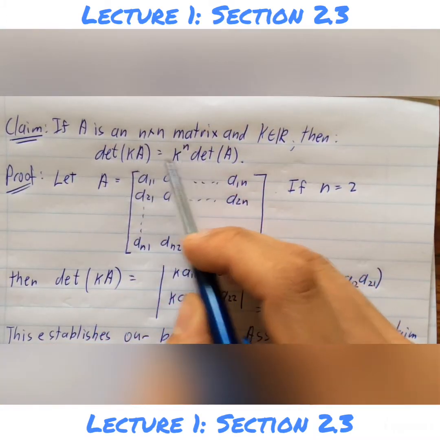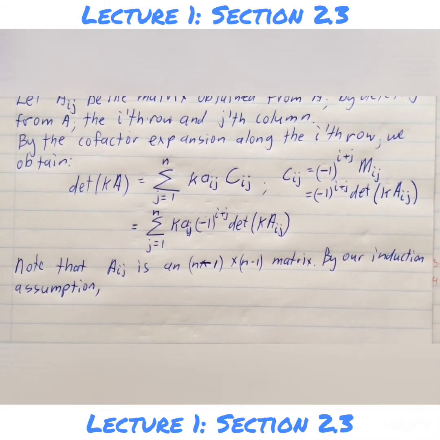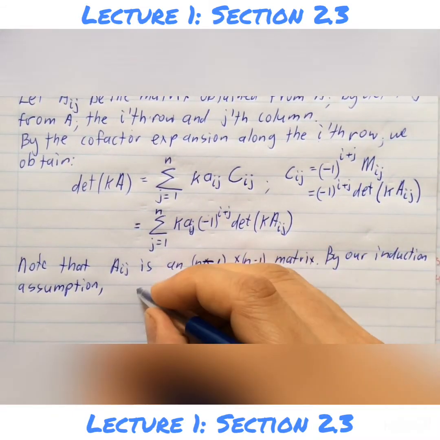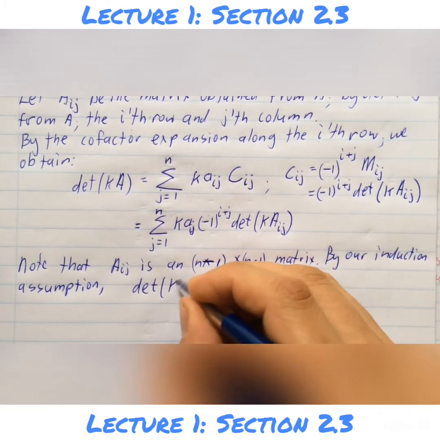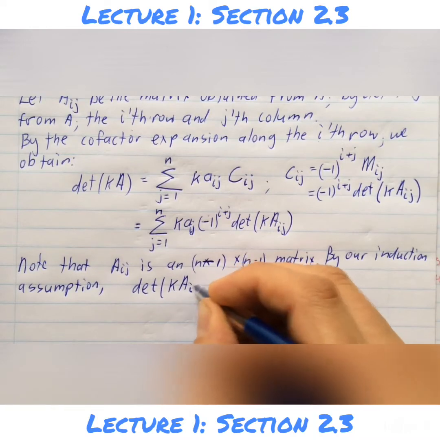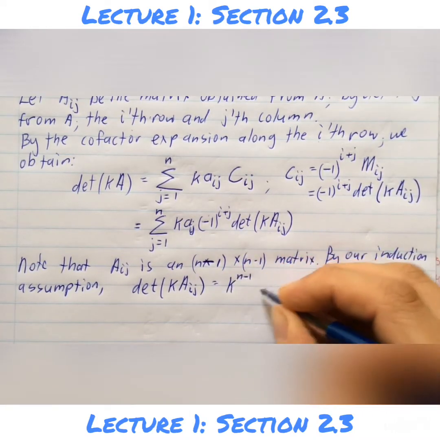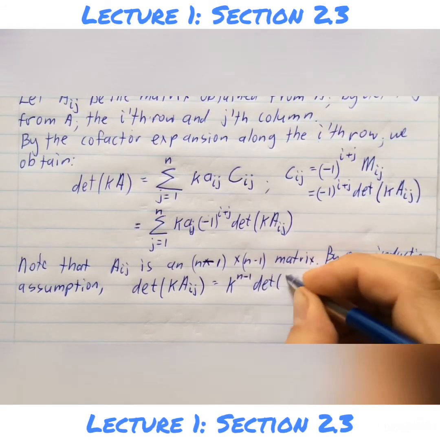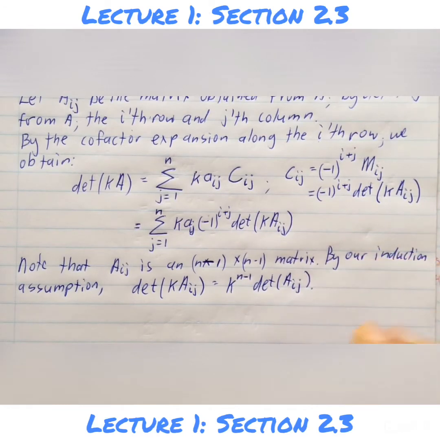By our induction assumption, the determinant of K times the matrix Aij is the (n minus 1)th power of K multiplied by the determinant of the matrix Aij.